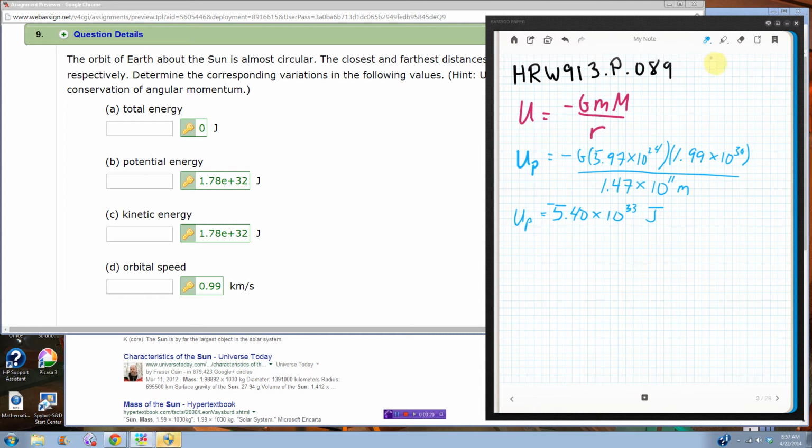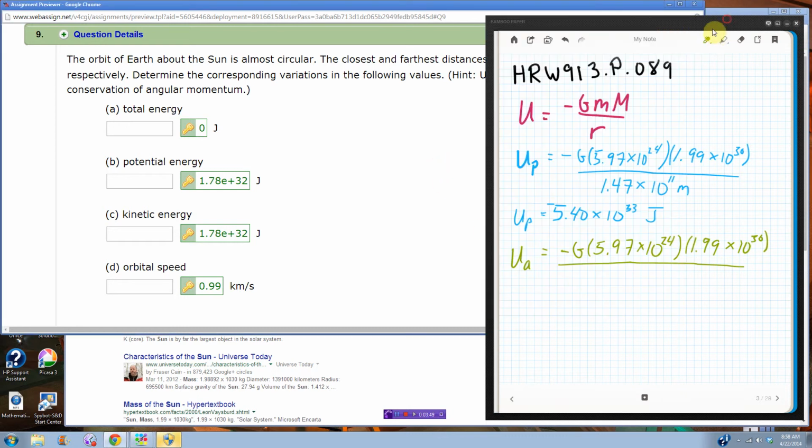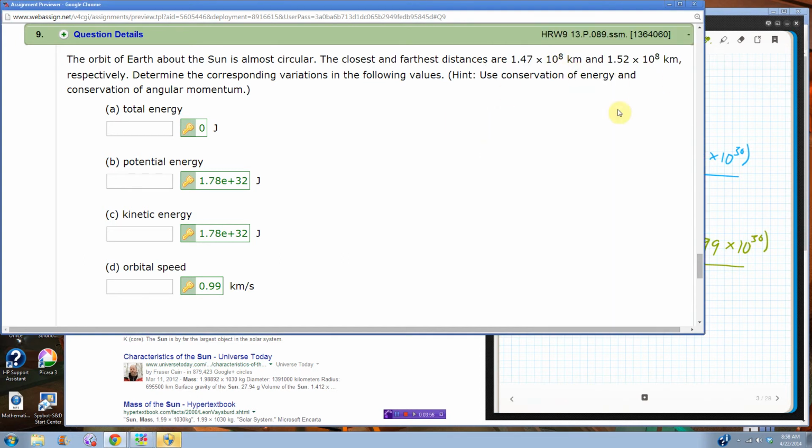Okie dokie. Now I need to find it for aphelion, the furthest approach. Well, it's exactly the same except for the radius. In fact, I'm going to go ahead and store this last answer in my calculator, and then go back and change this one number right here, 1.52, because even this times 10 thing is the same.